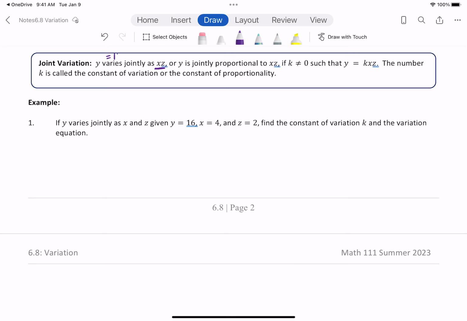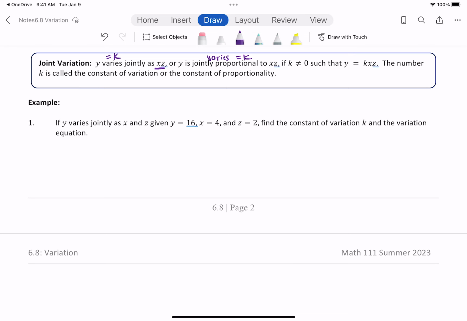When I see varies, that's still going to be my equals k. And just like the others, if it gives the other wording, y is jointly proportional to x times z, that's just another way to write varies again, and it would also be the equals k. So the format of this one is y equals the constant k, and it's going to multiply times two variables, x and z.